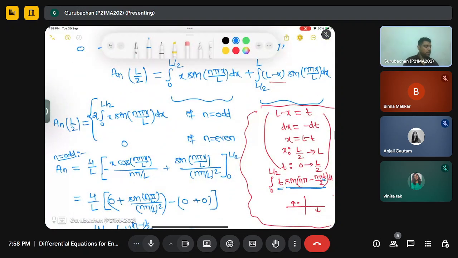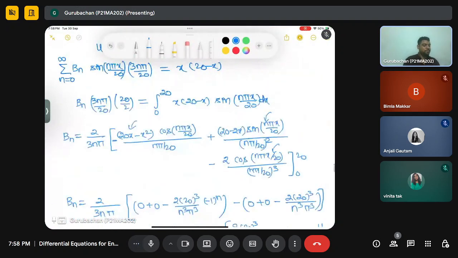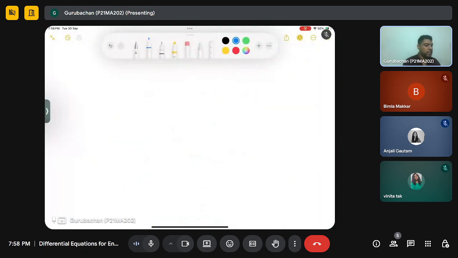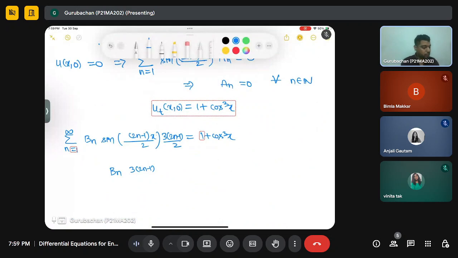So from here, we are using the orthogonal property of sine (2m minus 1)x by 2.